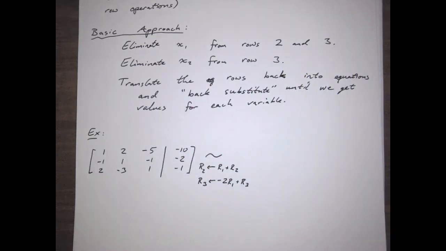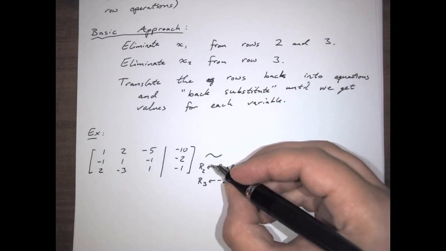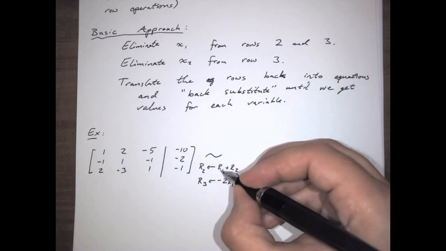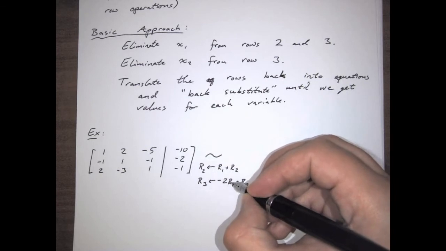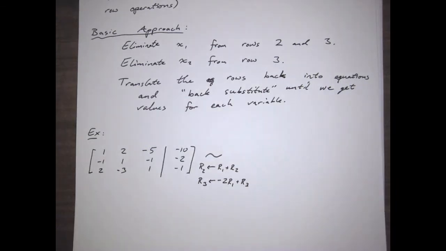Now, there's no reason why I couldn't have used 2 times row 2 in this step, but here's why psychologically I would prefer not to. If I'm already changing row 2 in this step, I don't want to then use row 2 down here as well. I would prefer not to use any of the rows that I'm currently in the process of changing.